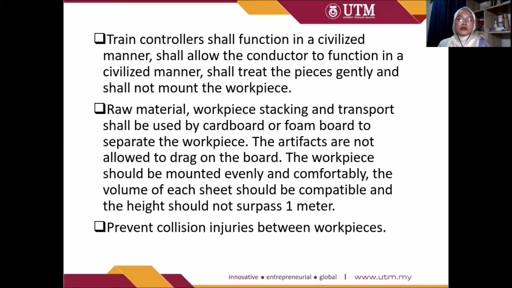So the next is the raw material workpiece packing and transport shall be done using cardboard.